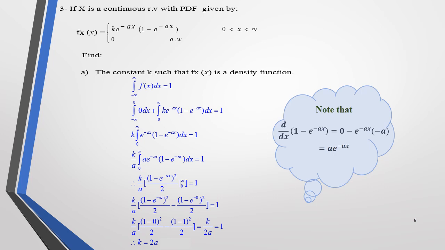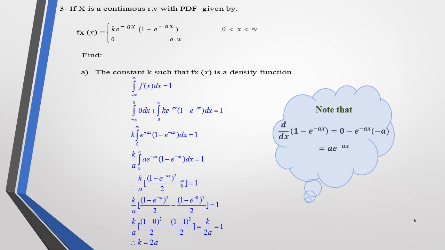Note that the derivative of 1 minus e to the power negative ax is 0 minus e to the power negative ax times negative a, which is equal to a e to the power negative ax. So the integration of a e to the power negative ax times 1 minus e to the power negative ax is k over a times 1 minus e to the power negative ax all squared divided by 2, evaluated at 0 and infinity.